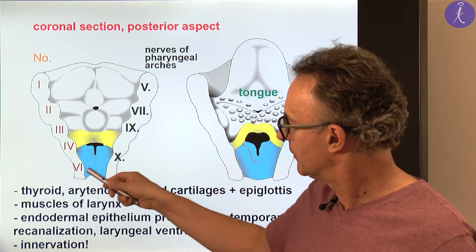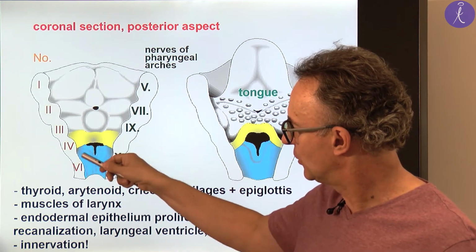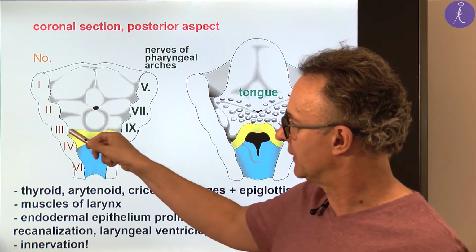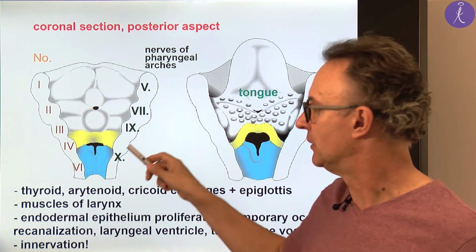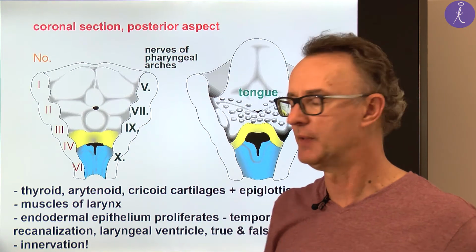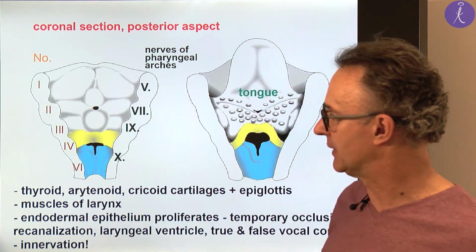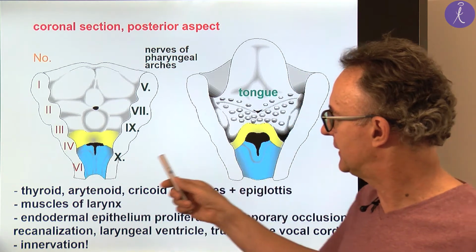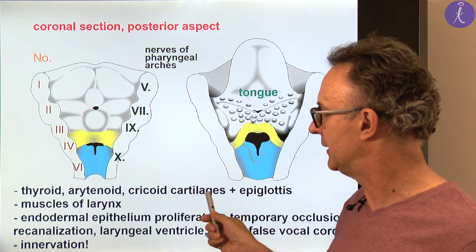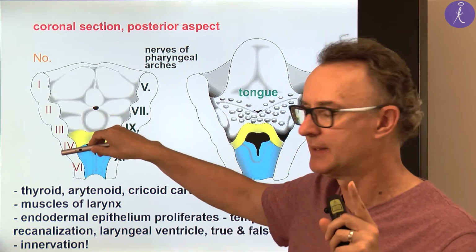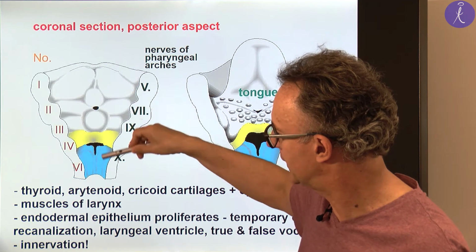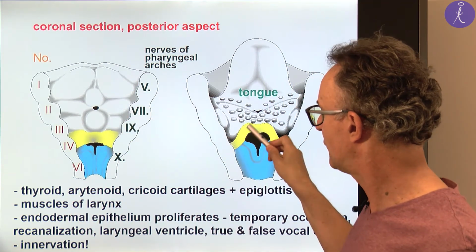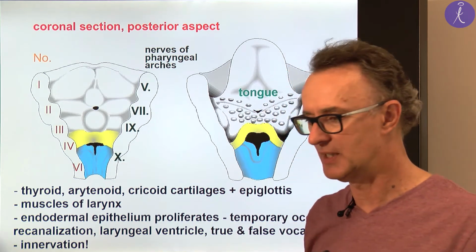The rest belongs to the larynx, or the area around the larynx, and the corresponding pharyngeal arches, from the 4th to the 6th, have the vagus nerve, and that's why the vagus will innervate the larynx basically completely. So the major cartilages, the thyroid, arytenoid, and cricoid cartilages, are from the pharyngeal arches, not from the mesobranchial area, from the pharyngeal arches, these three. The epiglottis is from the mesobranchial area corresponding to the furcula.